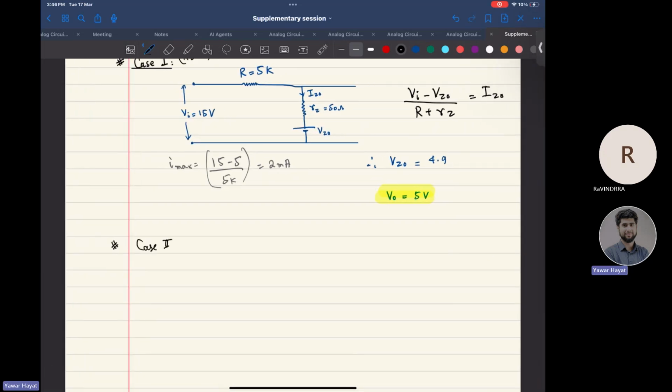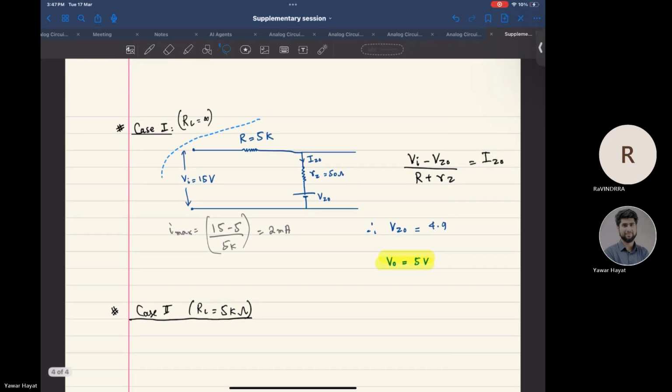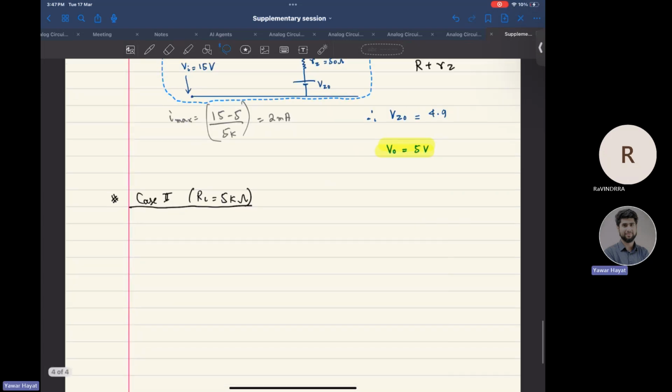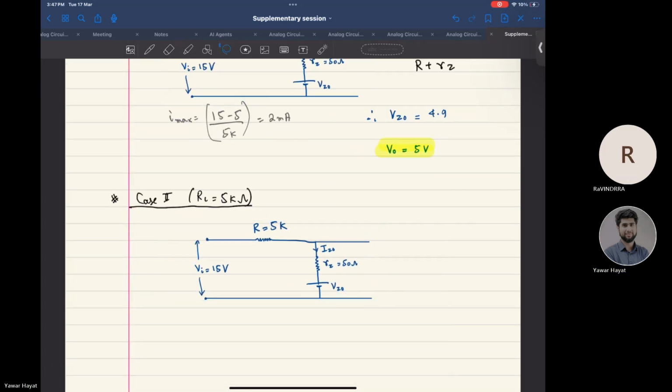Case 2 is where RL is 5 kilo ohm. The rest of the things are the same.